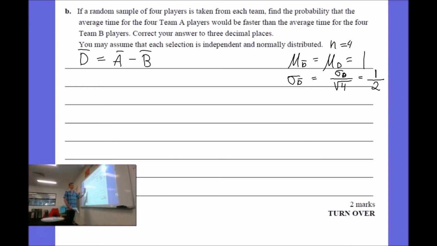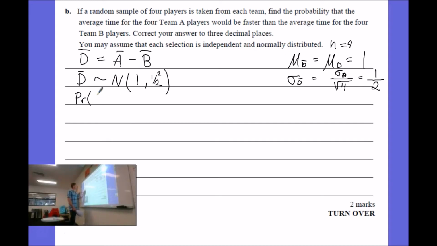Yeah, okay, so now these are our new parameters. So our sample mean difference is also normally distributed with mean 1 and variance of a quarter.